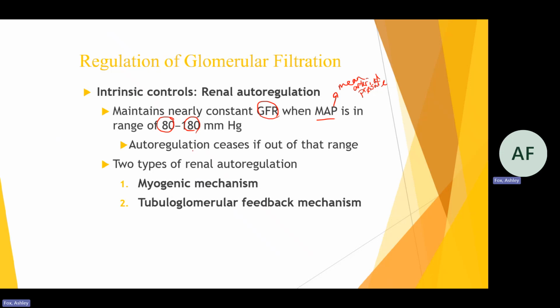So then you're going to get to your central regulation. There are two ways that the kidneys can autoregulate, or self-regulate, the amount of glomerular filtrate per minute: the myogenic mechanism and the tubuloglomerular feedback mechanism.